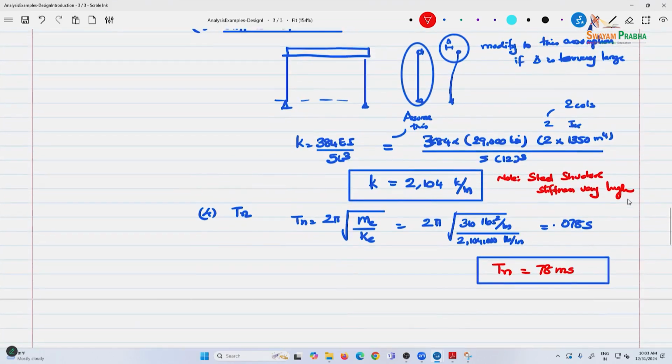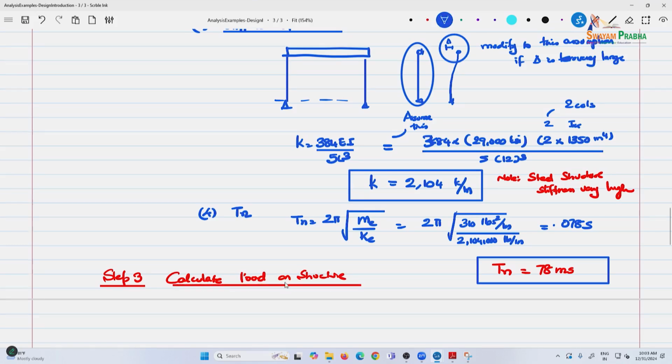Then help me with this number please. Yesterday we made that correction, we calculate the static deflection load on the structure. So let us start with that.